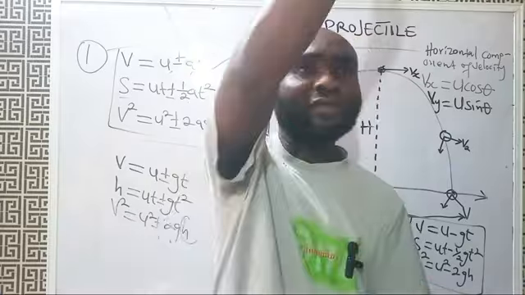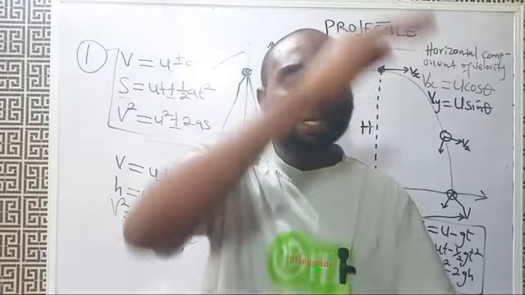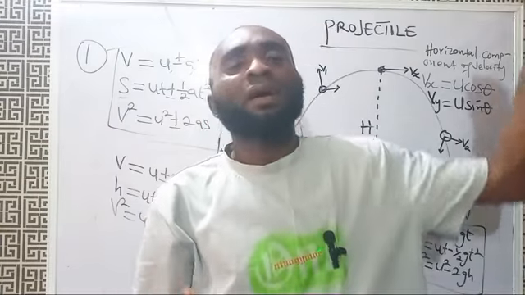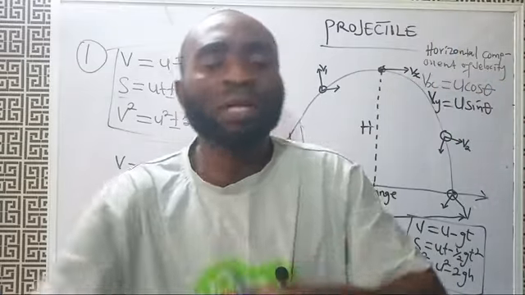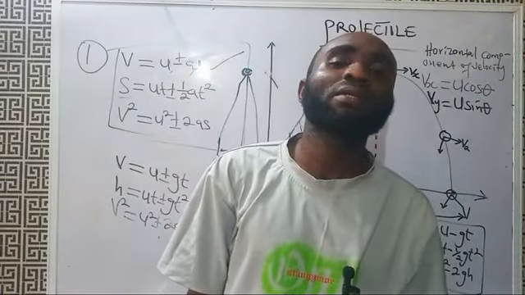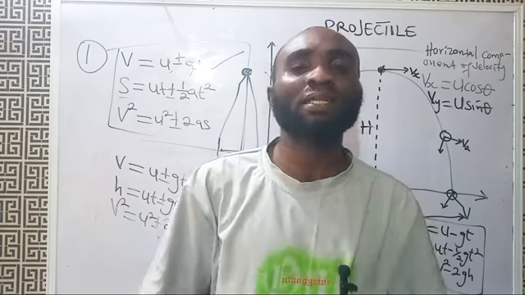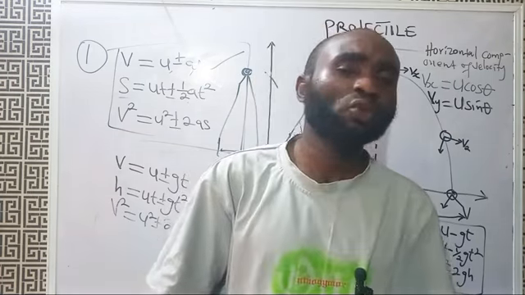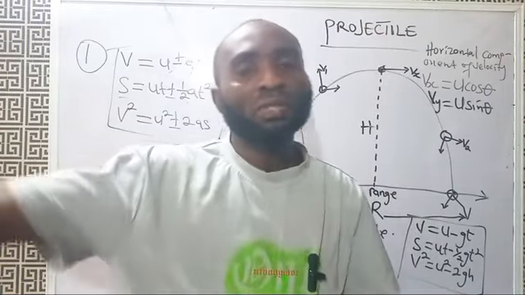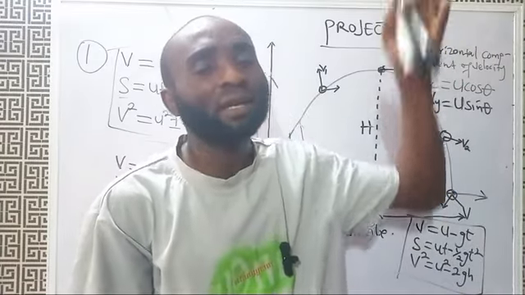But there is a gravitational force pulling on something going up, so there is acceleration in the vertical direction. Which means the horizontal component of velocity is always constant at the initial velocity of that object. So there is no change in the horizontal direction, but there is change in the vertical direction.